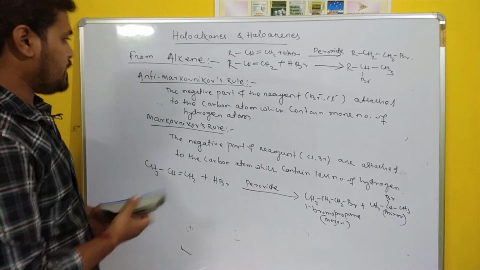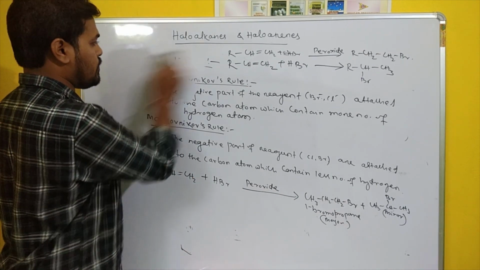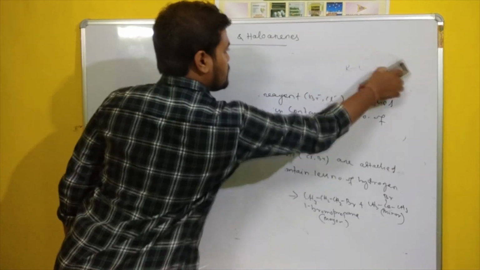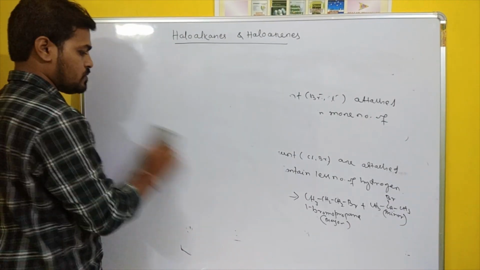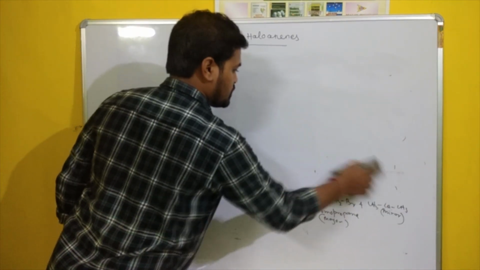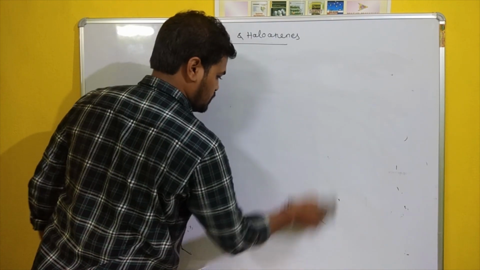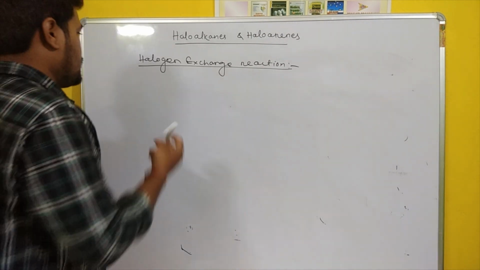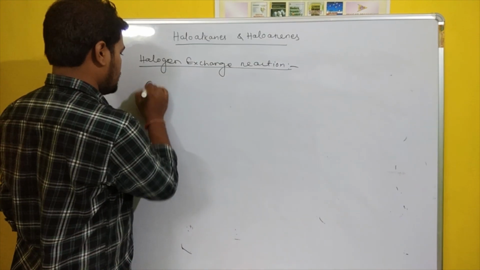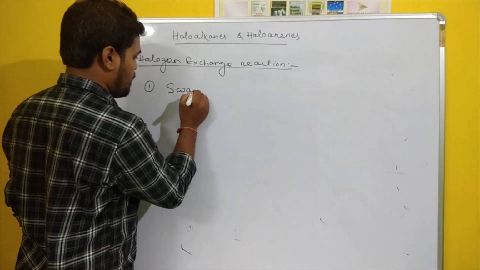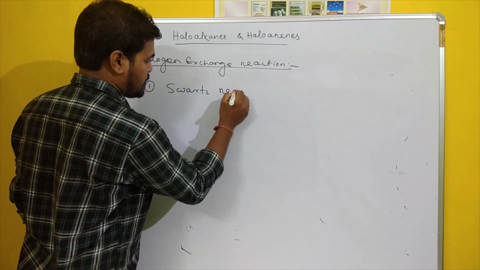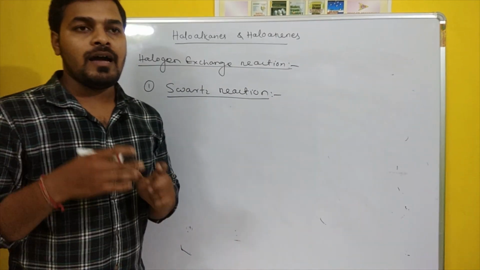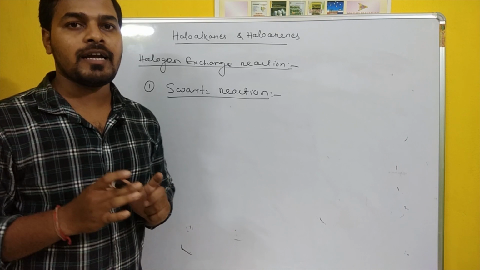Right? Then the next reaction is the Swarts reaction. The Swarts reaction is generally used to prepare alkyl halides, especially alkyl fluorides.